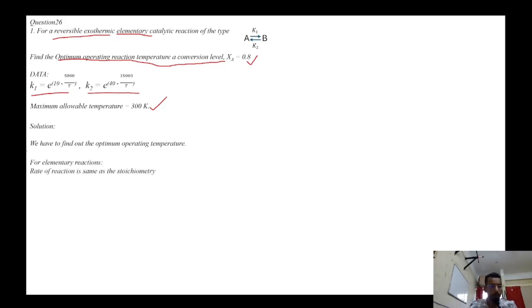For elementary reactions, the rate of the reaction follows the stoichiometry. We all know that; it is the very first thing in chemical reaction engineering. So I have written the rate. To understand this rate equation, K1 is the rate constant of the forward reaction, K2 is the rate constant of the backward reaction.